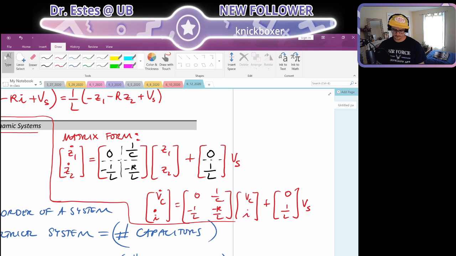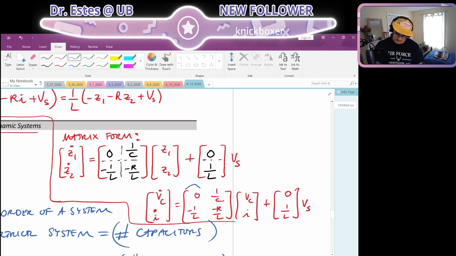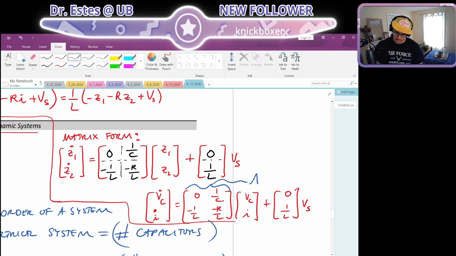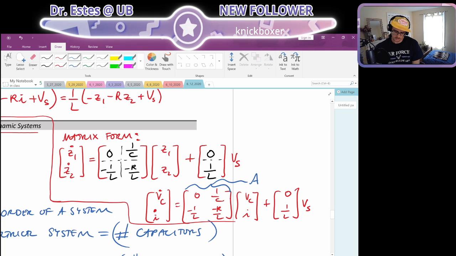Pretty cool, right? So if you want to see, is my system underdamped? Is it overdamped? Is it critically damped? What you can do, you say, okay, I know I have this capacitance, this resistance, this inductance.